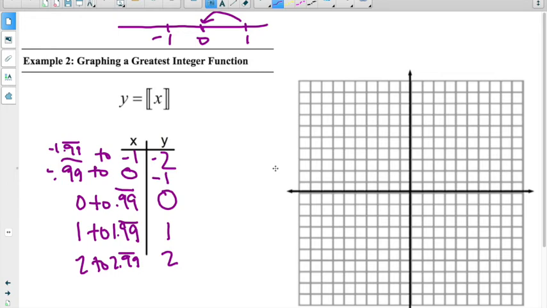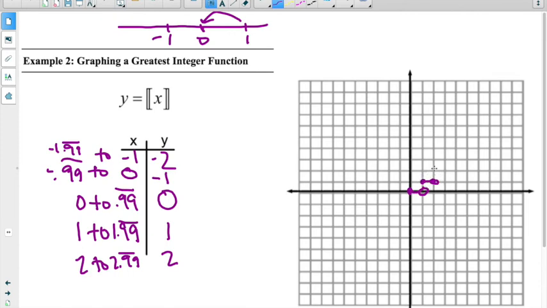This little graph is going to be pretty cute. In that middle range from 0 to 0.99 repeating, we're going to have a closed circle at the origin and then an open circle here, because at 1, as soon as we reach it, it jumps up to 1. And that should be an open circle right here.